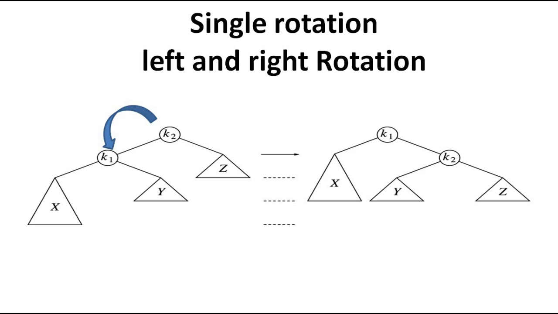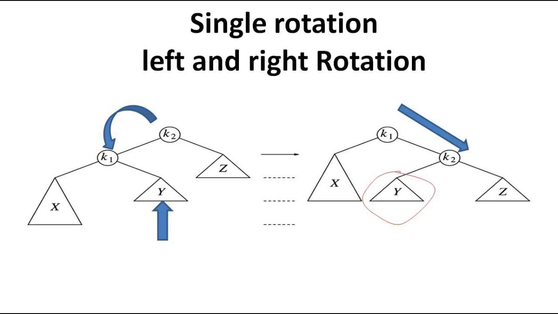For single rotation, you have to rotate the root value K2 into the subtree. Again you have to rotate K1 into the root node. Here only one node is moved: the node Y, present on the right side of node K1, is now rotated to the left side of K2.